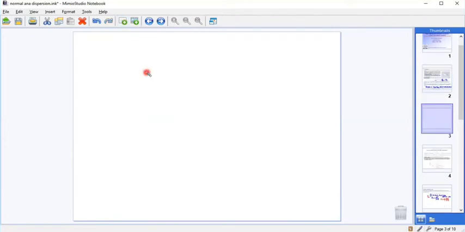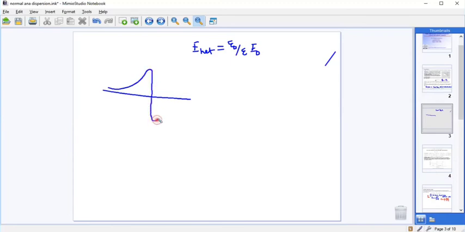Let me discuss in this slide that if your E net equals epsilon naught by epsilon times E naught, then in the relationship here, the curve goes like this.